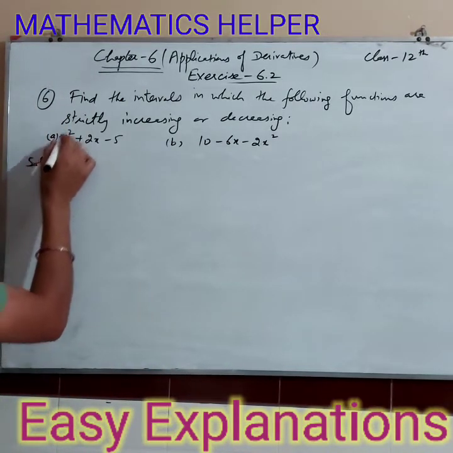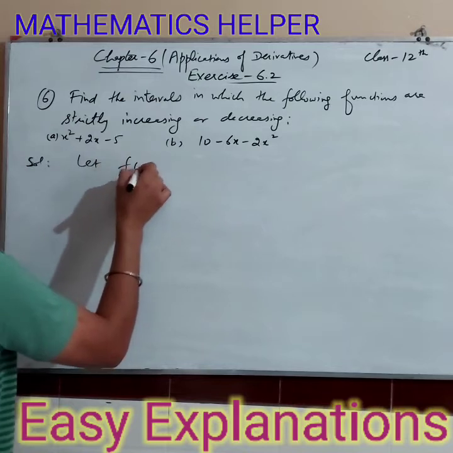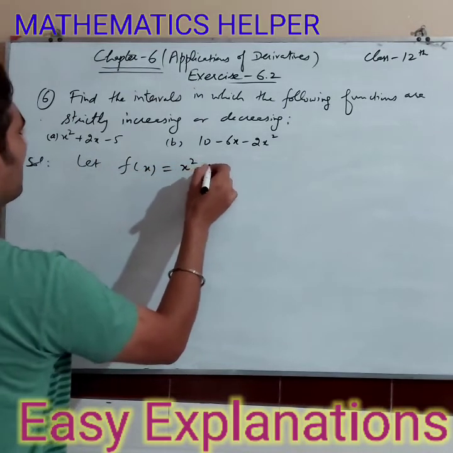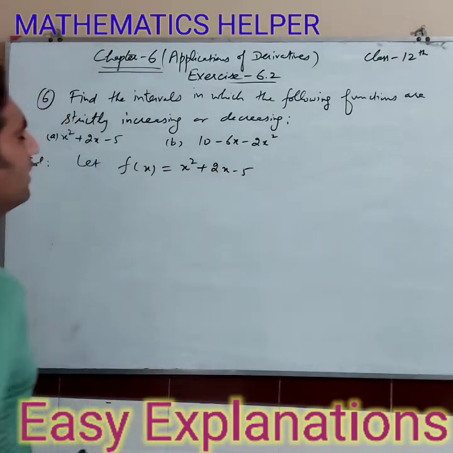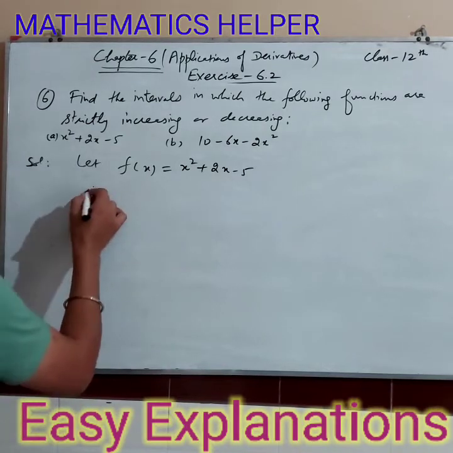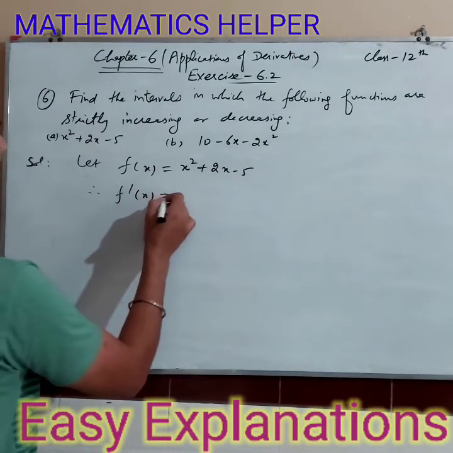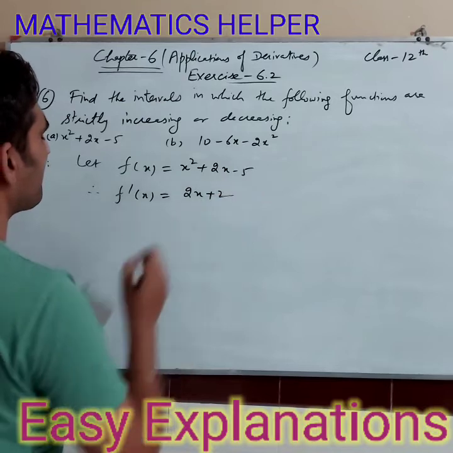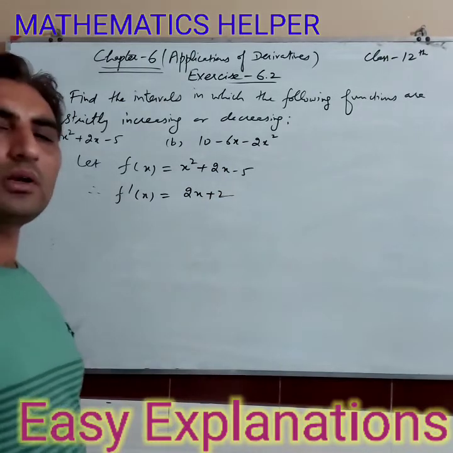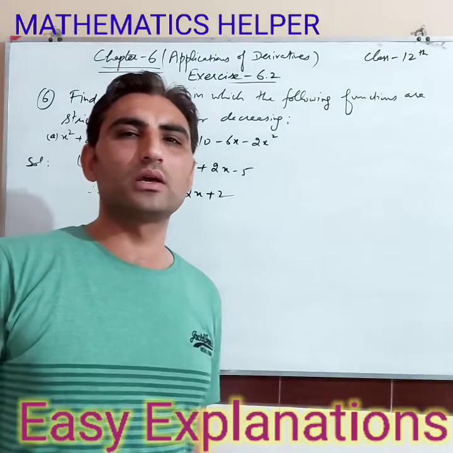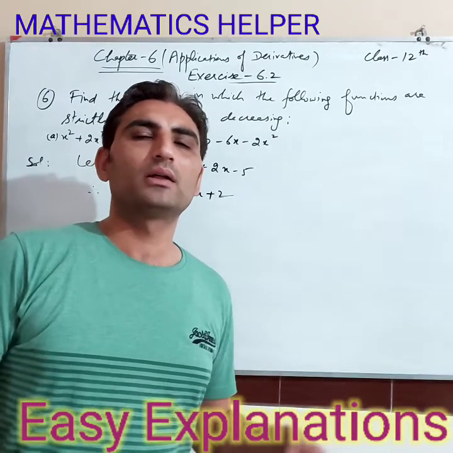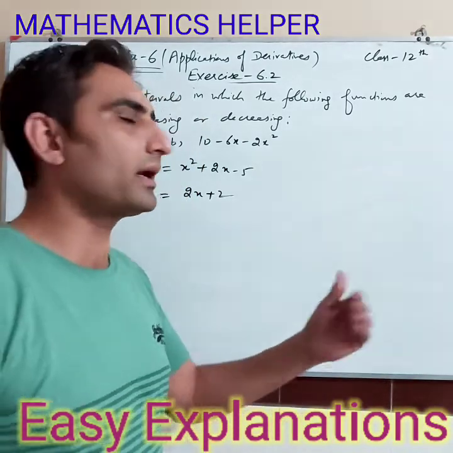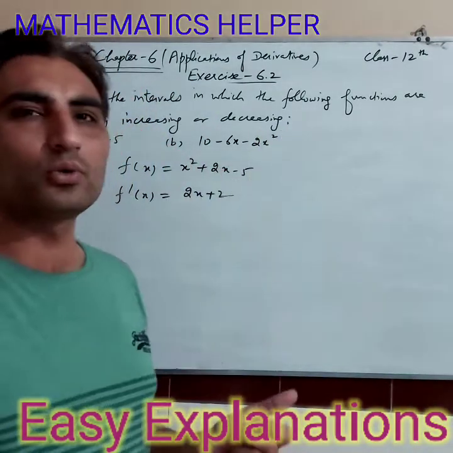So our first function given is f(x) equals x square plus 2x minus 5. First of all, write its derivative. Therefore, the derivative of f(x) is 2x plus 2. As usual, we put it equal to 0 and find the values. Our first work is to break the whole interval into 2 different parts.